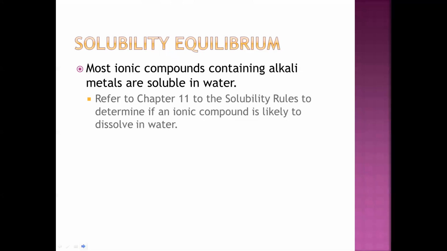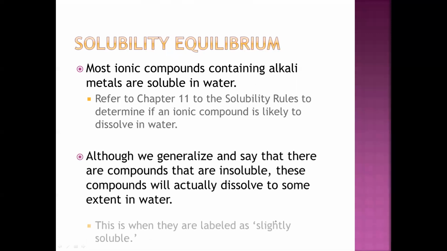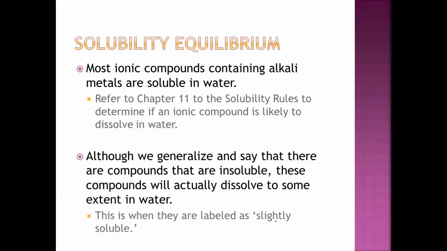They're on the back of your new periodic table, where we said that anytime it includes a nitrate, it's always aqueous, or like we have soluble and insoluble as the word. We oftentimes will generalize about the compounds that are slightly soluble, that we just say that they're insoluble.